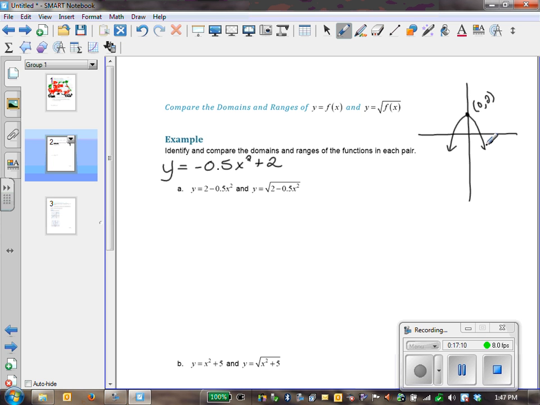X equals negative b plus or minus square root of b squared minus 4ac, and the whole thing is over 2a.